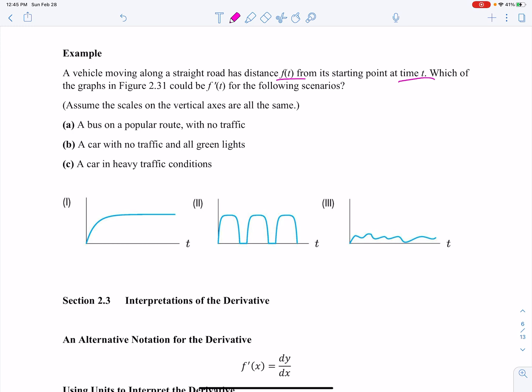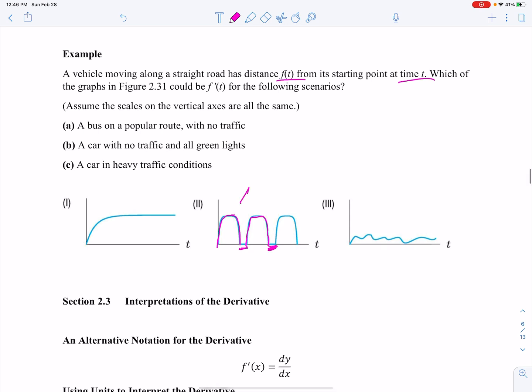So it starts off, gets to some speed and maintains that speed, and as it approaches its next stop, it slows down and stops, and stays stopped for a few minutes to load and unload, starts up again, gets to some regular speed, slows down at the next stop to unload and load, right? So this one here, I think this would be A. A bus on a popular route with no traffic.